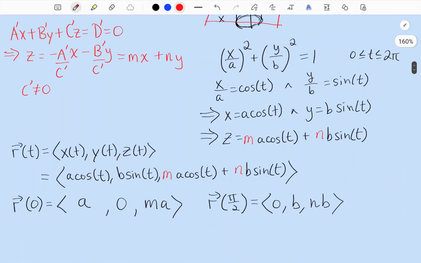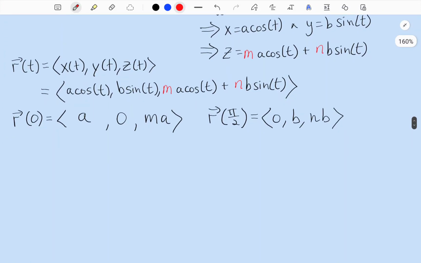Okay, so speaking of the fact that they're perpendicular to each other, we have two conditions. The first condition is that these two position vectors are perpendicular, orthogonal to each other. What does this mean?